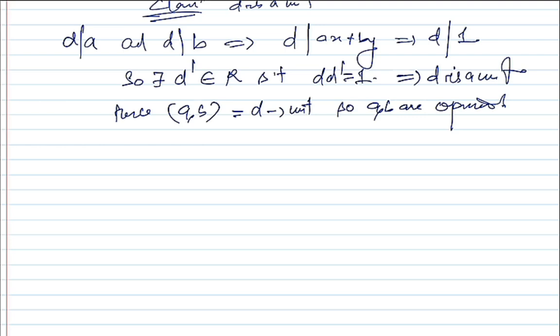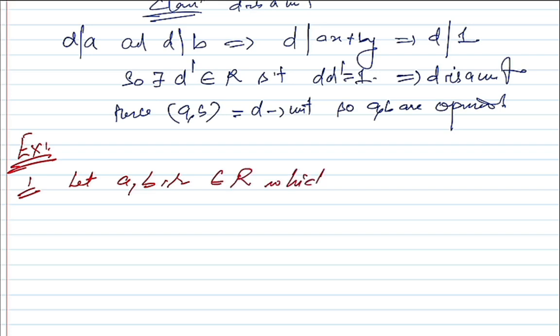So I am giving you a few exercises. You can solve them by taking the help of a book. So the first exercise is: let A, B, R belong to a ring R, which is an integral domain.